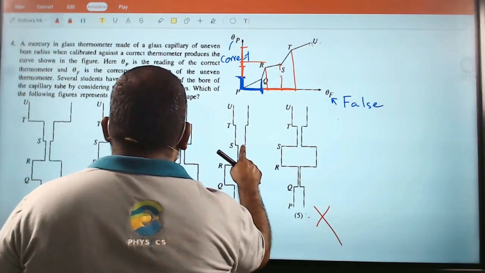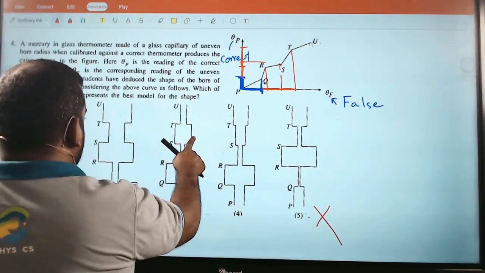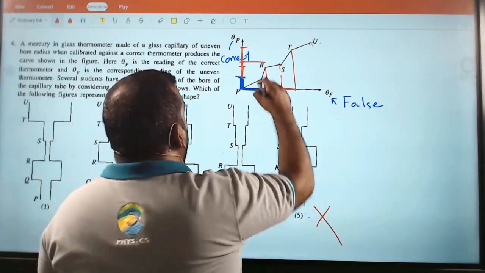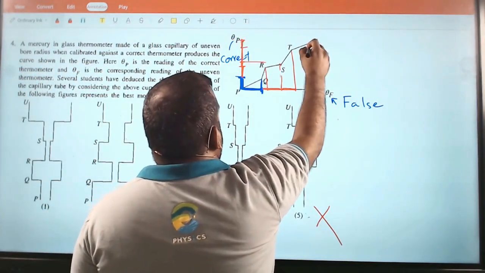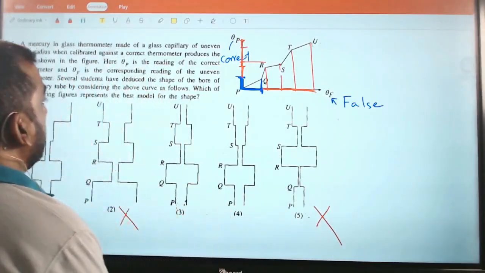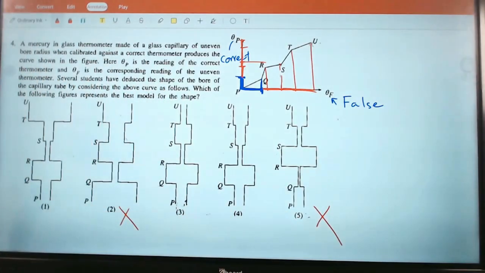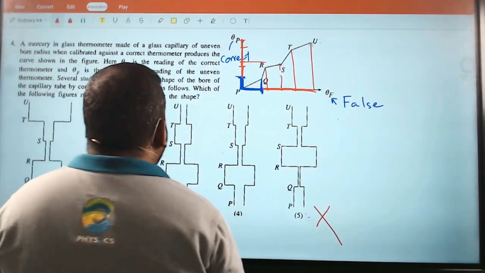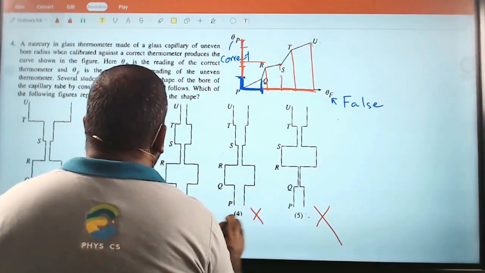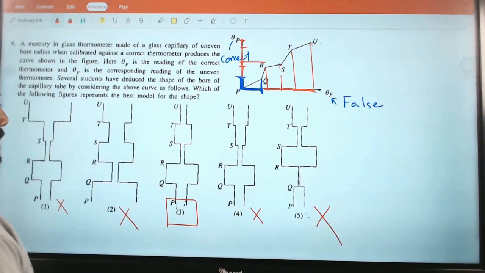So compared to these three, larger cross-sectional area is here. Final part. Larger increase means the bore area is small, but here the bore area is large. Bore area should be smaller. So these are also wrong. Only correct answer is answer number 3.